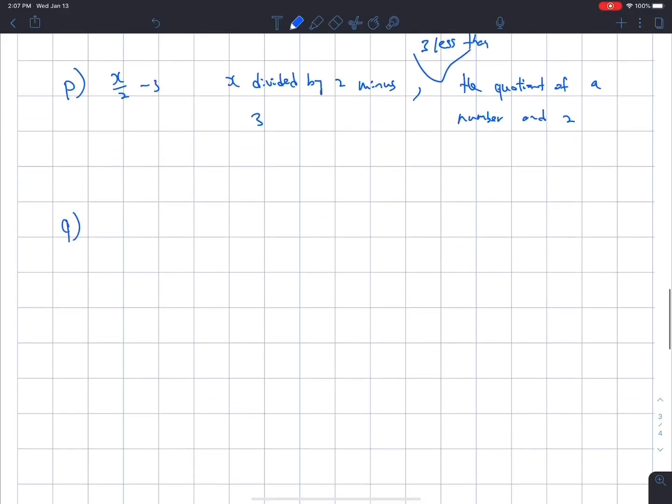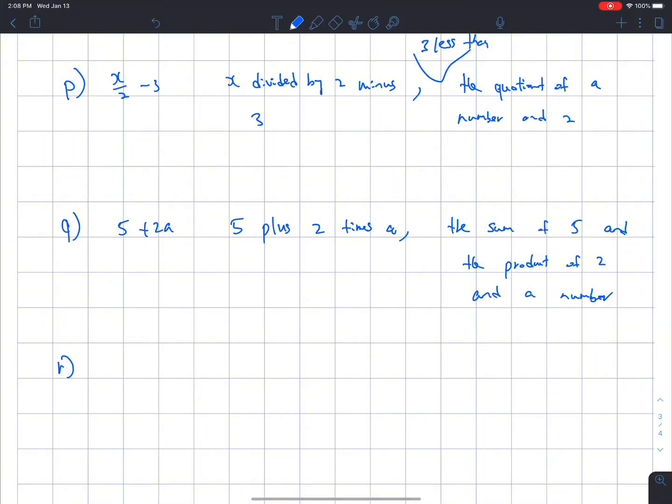Q, 5 plus 2 times a. 5 plus 2 times a. The sum of 5 and the product of 2 and a number.